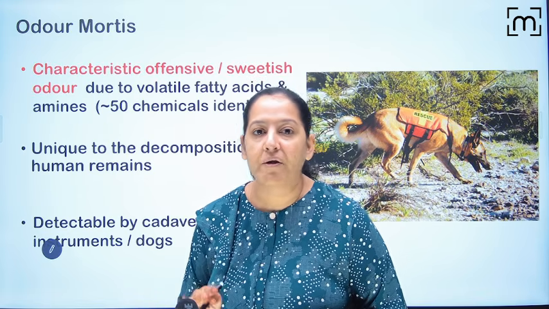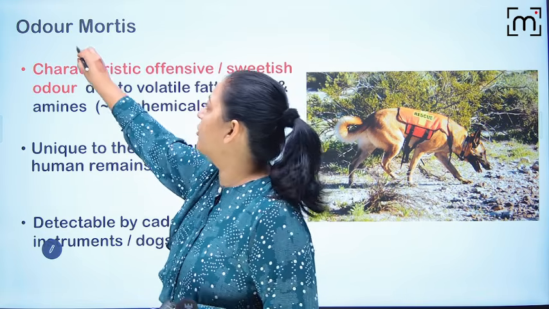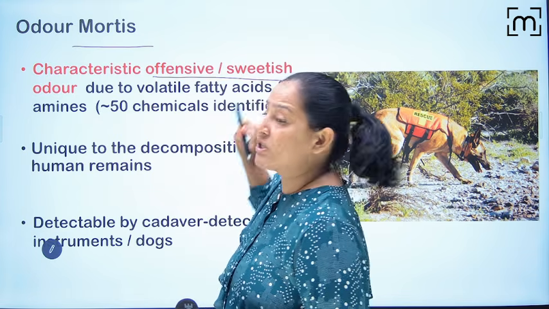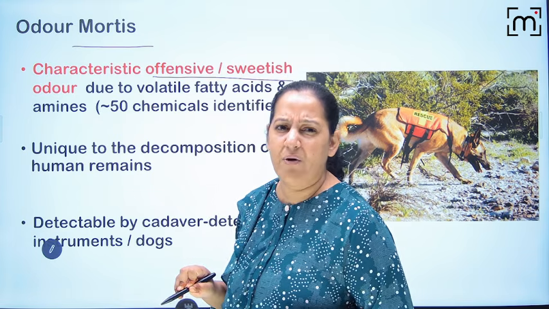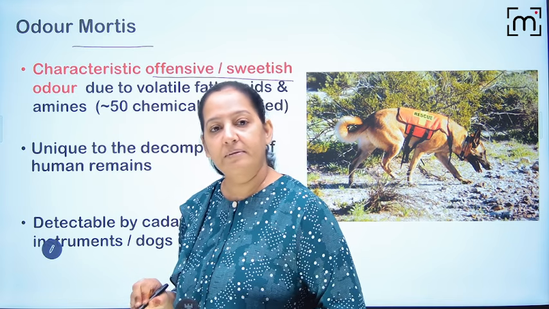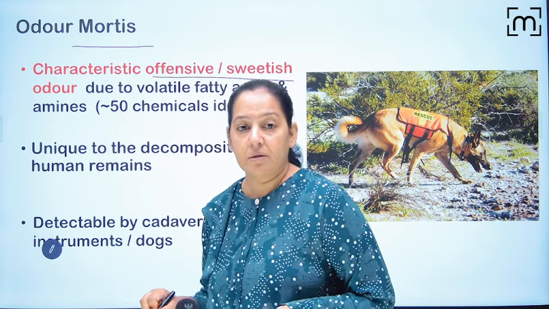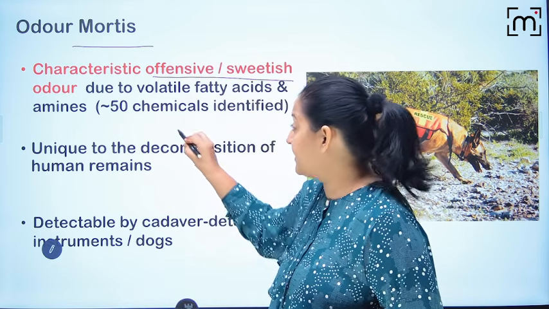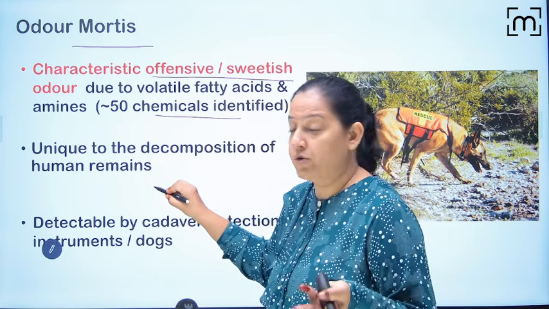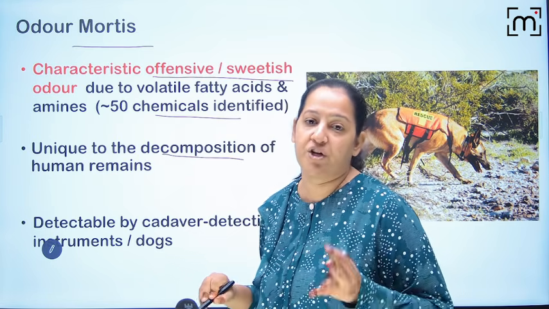Now coming to odor mortis. What is odor mortis? It's an offensive or sweetish odor from the dead body due to the typical chemicals which are produced because of putrefaction of the human tissue.